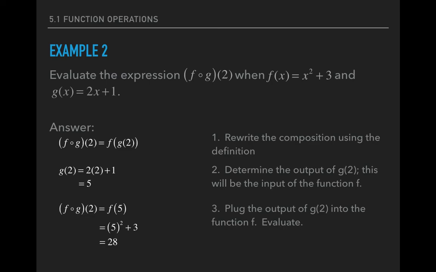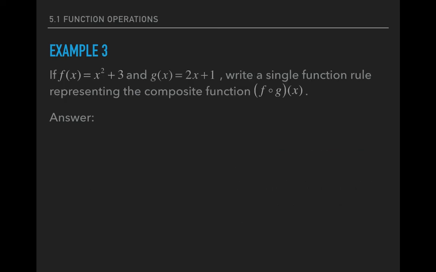Sometimes, though, you won't be asked to evaluate. You'll be asked to just give the rule. So you're not going to actually have a value that you plug in. We use the same kind of setup, though. We're going to substitute g of x into the f function because the rule says f of g of x is f, and then inside of f you plug in g of x.